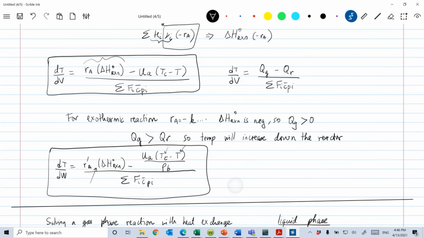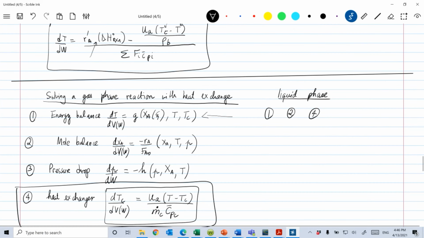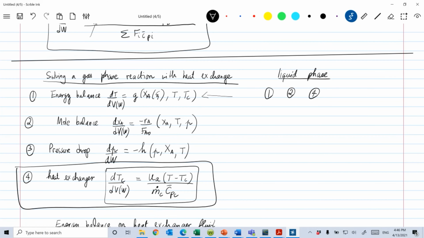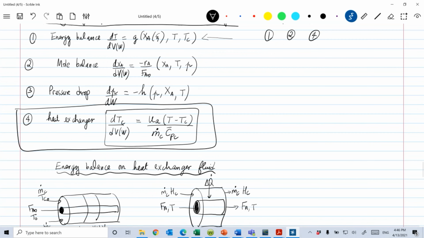Keep in mind that TC has its own differential equation, so that's how it also changes. You need your mole balance that you've done before. If you have pressure drop, you can plug that in for gas phase. You can also plug in your heat exchanger, which you derive using an energy balance on the heat exchanging fluid.